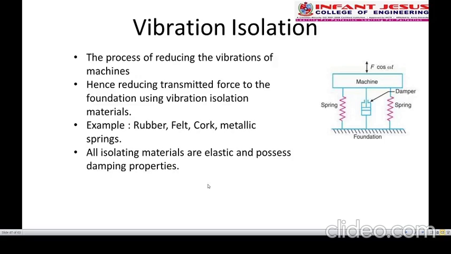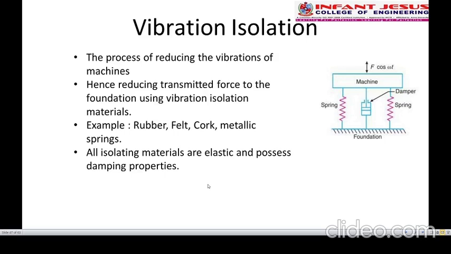Next is the vibration isolation. What is meant by vibration isolation? The vibrations that are produced in the machines have some unbalanced forces. Even if we balance all the forces, some amount of force will remain in the machine as unbalanced forces. Due to these unbalanced forces, when the machines are installed on a foundation, the vibration caused in the machine will be transmitted to the foundation.